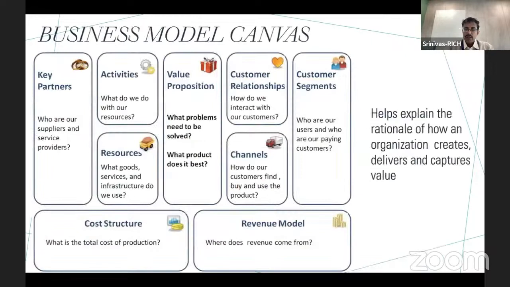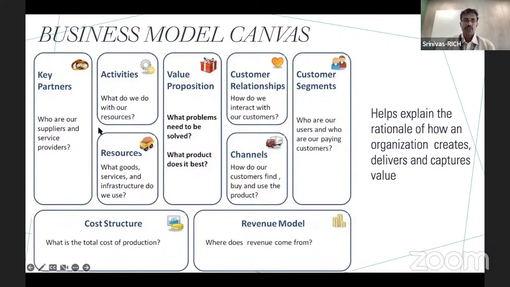So the third framework is a business model framework. This is a very, very popular framework used by every entrepreneur. What it helps is, it helps convey very clearly and concisely how your activities, your products, and your resources, your efforts are offering value to the consumer.